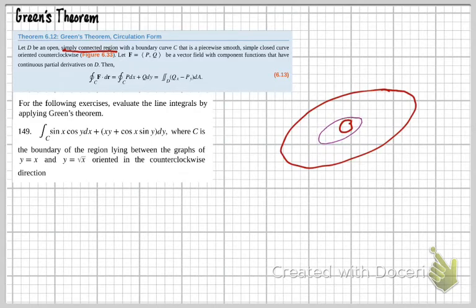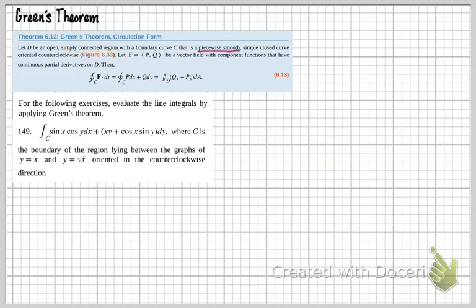But if I had a hole, I can only get so small before I have to stop. So a hole does not permit me to use Green's theorem. But we will talk in later videos about a workaround of this. But for now, simply connected region simply means I cannot have any holes in my region.